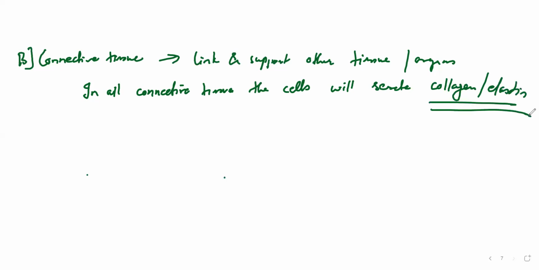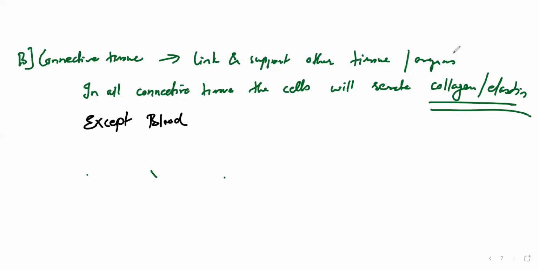In all the connective tissues, whatever cells are present, they will secrete some substance, that is fibers or structural proteins, which is called collagen or elastin, which gives strength to that particular cell or the tissues. But this is absent in only one connective tissue, which is blood. So it is present in all connective tissue except blood. So in blood, you won't find any collagen or elastin. Fine.